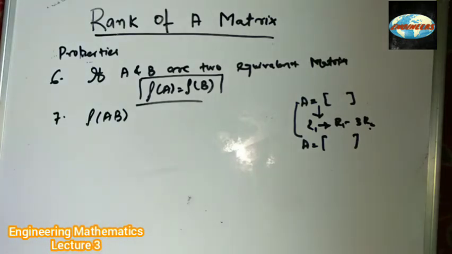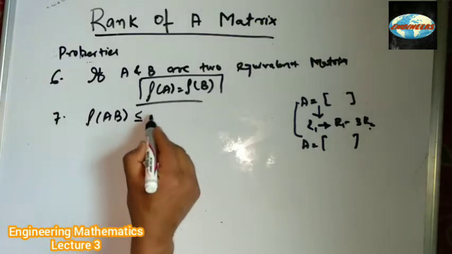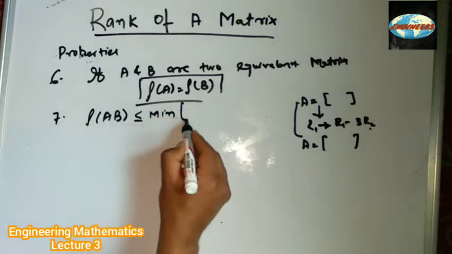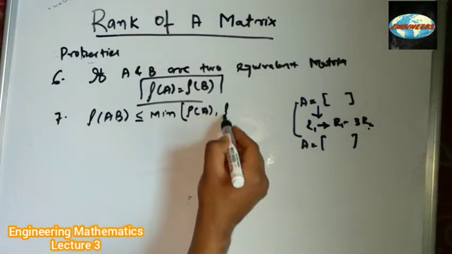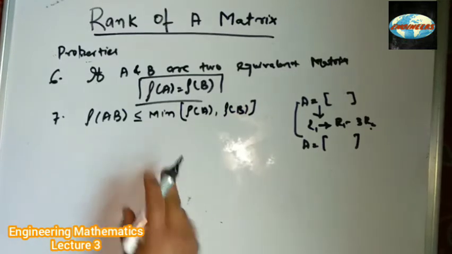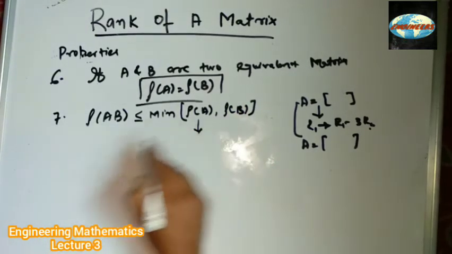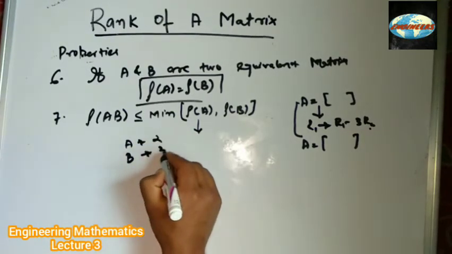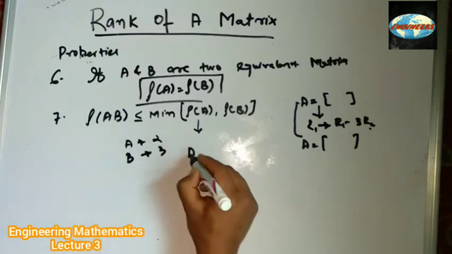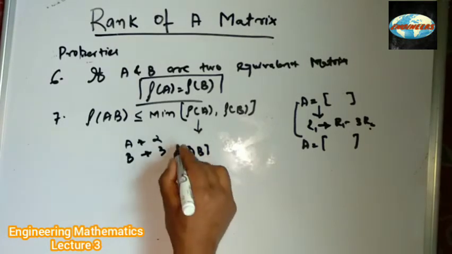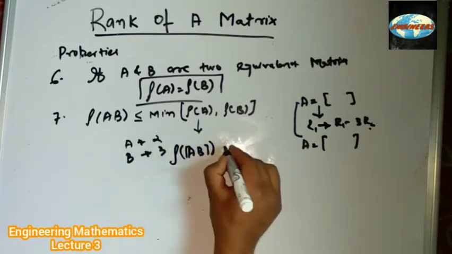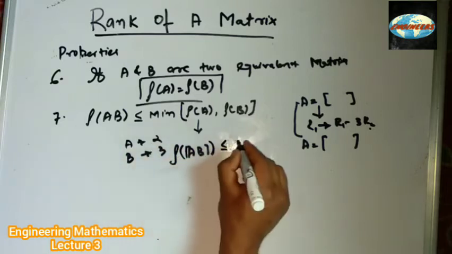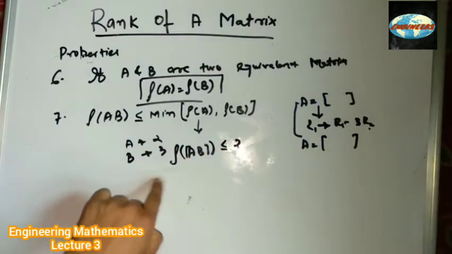We are multiplying those matrices and finding the rank, which will always be less than or equal to the minimum of rank of A comma rank of B. That means if I know rank of A is 2, and B is one more matrix whose rank is 3, and I want to know the rank of AB, it will always be less than or equal to the minimum of these two, that is 2.